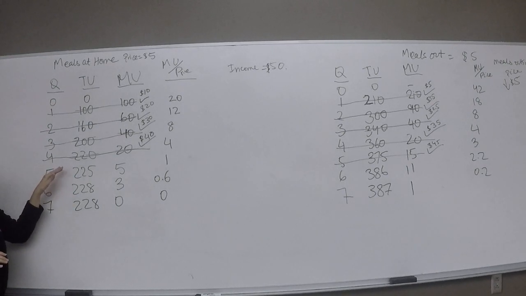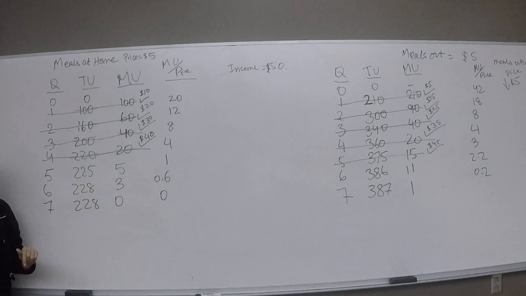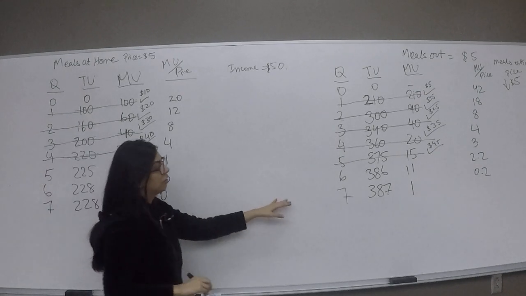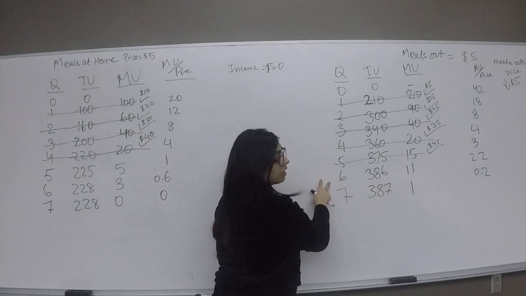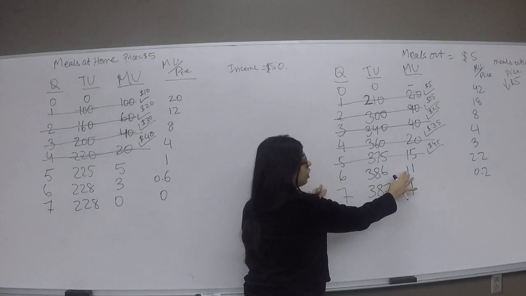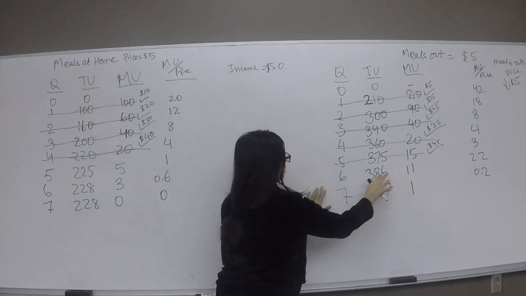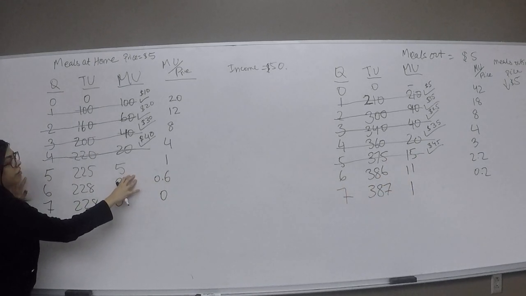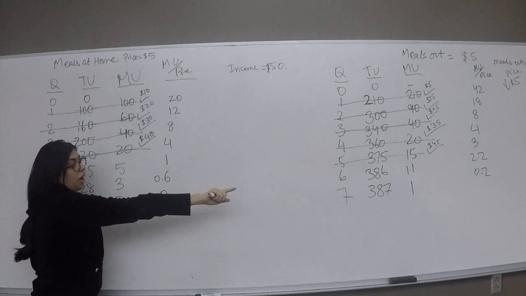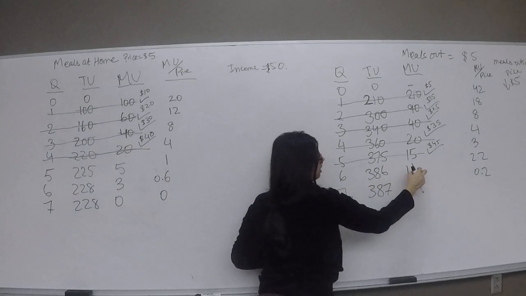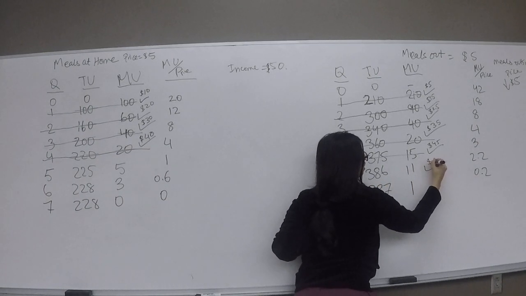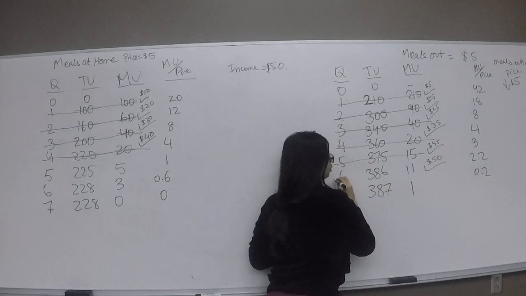Your next meal is going to be at home or outside? Outside, because the next one that you haven't consumed is giving you 11 marginal utility, and this one is giving you 5 marginal utility. So outside is greater marginal utility, so this will be your last meal consumed outside.